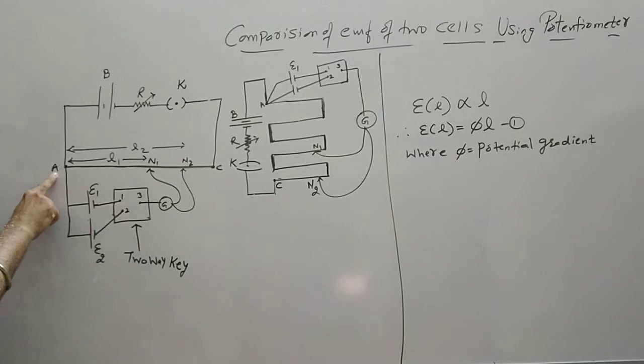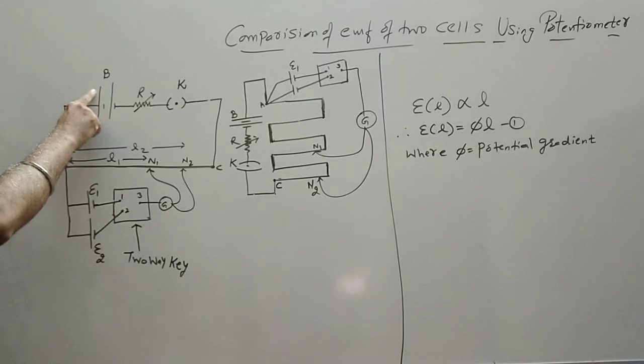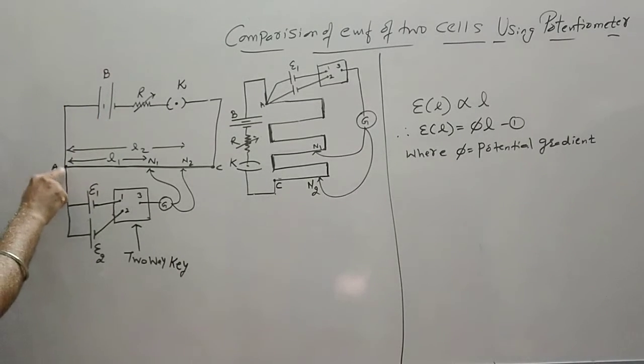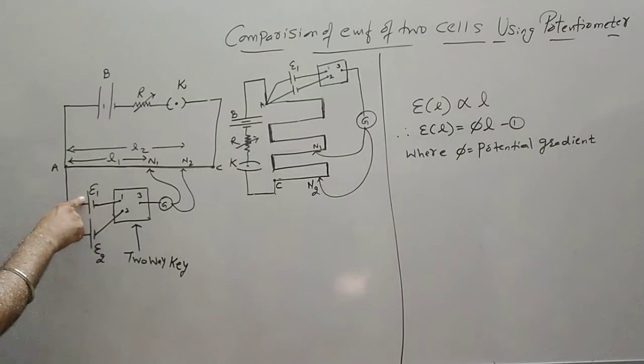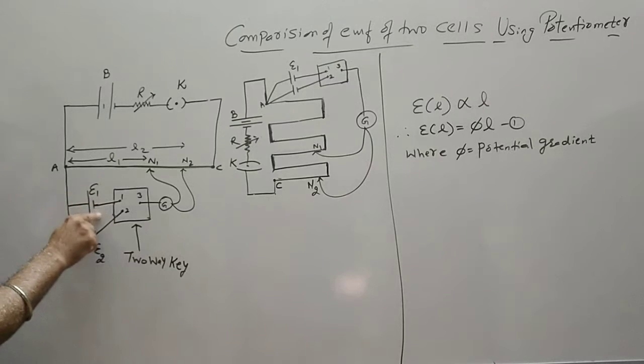Now one end of the junction A, or one end of the wire, is connected to the positive terminal of a battery, and another end is connected to a cell whose EMF has to be measured.